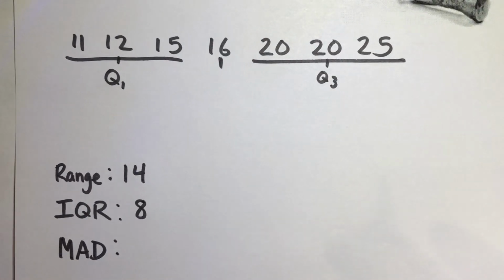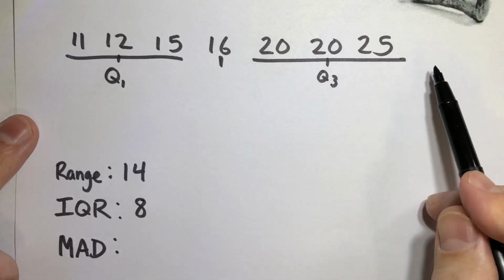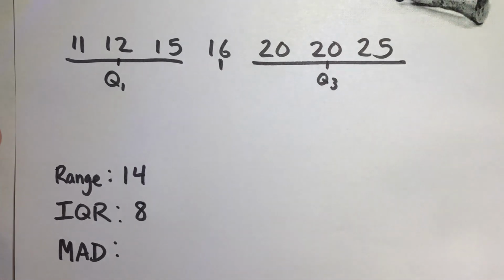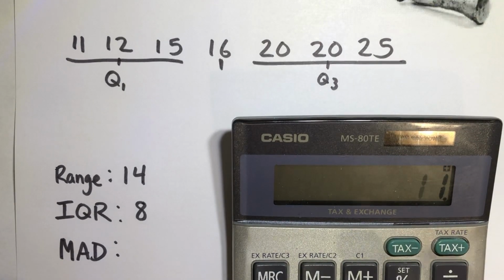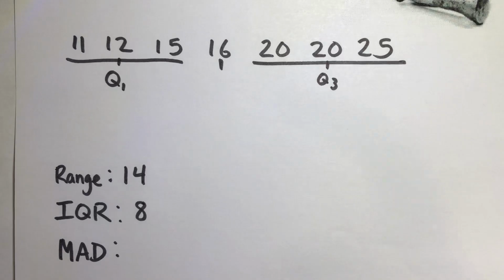All right, what we're going to do is first add up all these numbers and find their sum. So I'll use my calculator here, and we'll add that up. 11 plus 12 plus 15 plus 16 plus 20 plus 20 plus 25 gives us 119. I'm going to go ahead and divide that by 7, and that gives us a mean of 17.